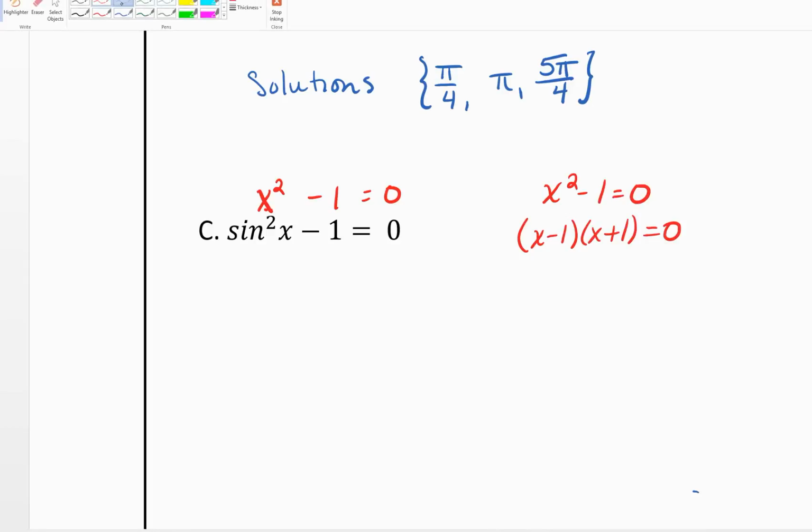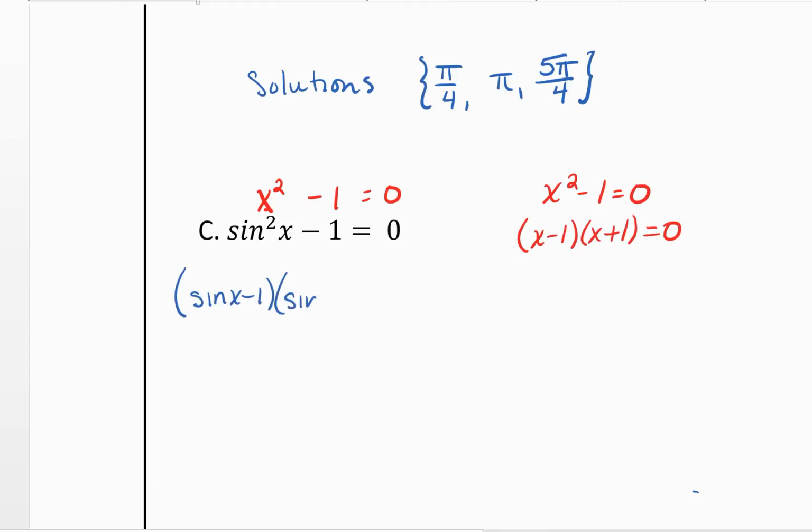So here we can factor this as sine of x minus 1 times sine of x plus 1 equals 0. Then we're going to set each of these equal to 0. So sine of x minus 1 equals 0 and sine of x plus 1 equals 0.